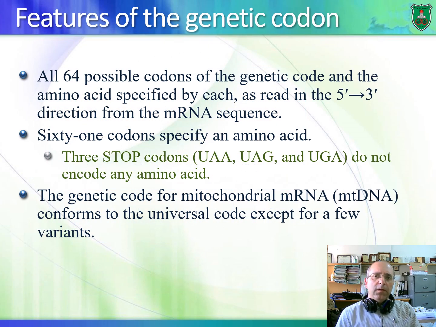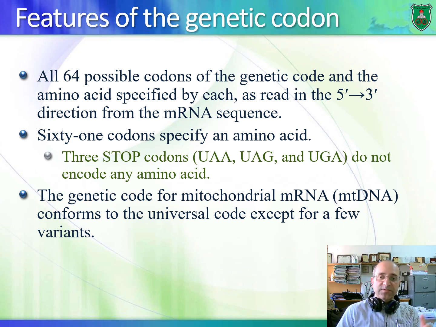Now, there are certain features and characteristics of this table, the genetic codon table as we call it. And some of these features is that there are, as I said, 64 possible codons, different combinations of these three letters, because you have four possibilities for the first letter, 4 letters for the second position of the codon, and 4, of course, for the third.